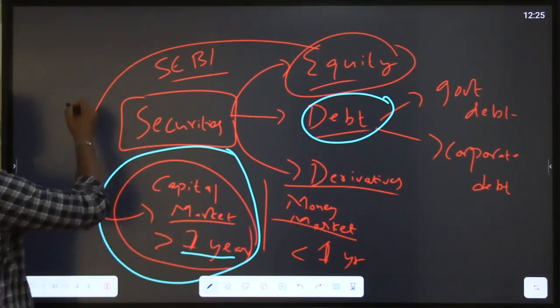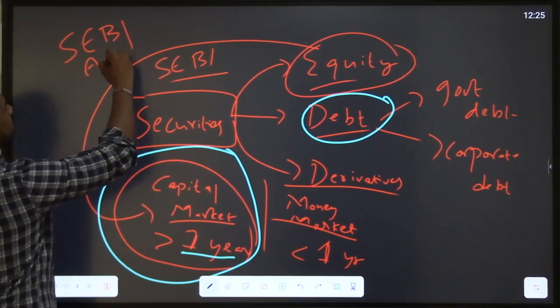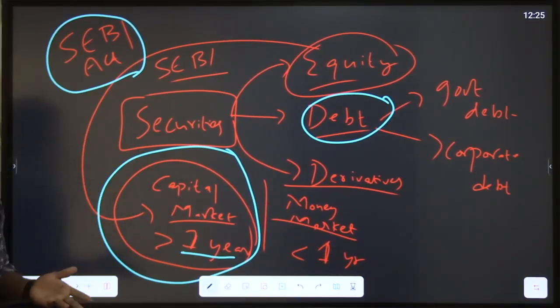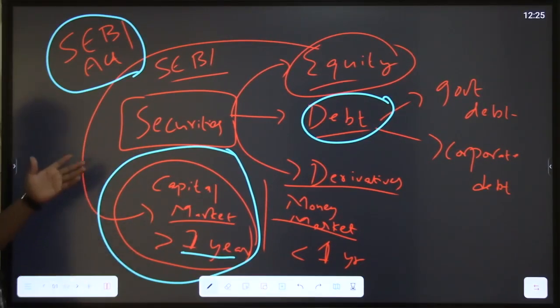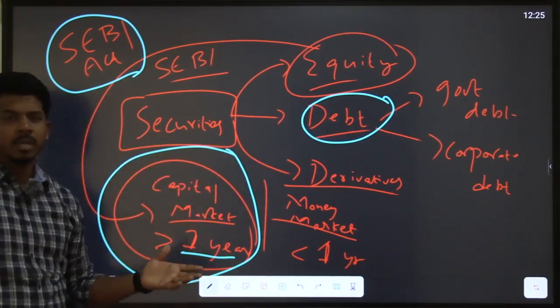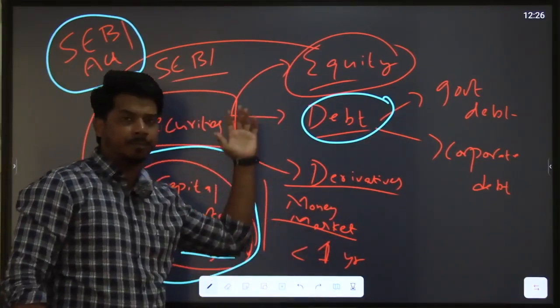SEBI was formed under the SEBI Act, I think 1992. Then there are many acts, like the Depositories Act. There is another act from which the definition of securities comes. So there are 3-4 acts currently regulating the securities market.